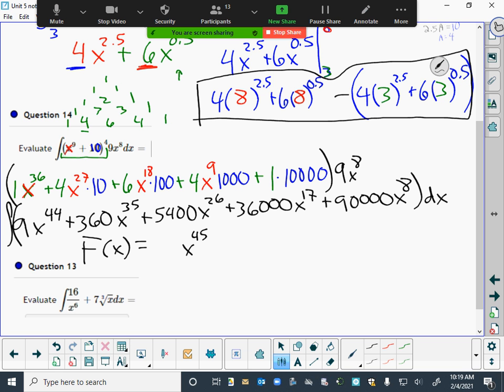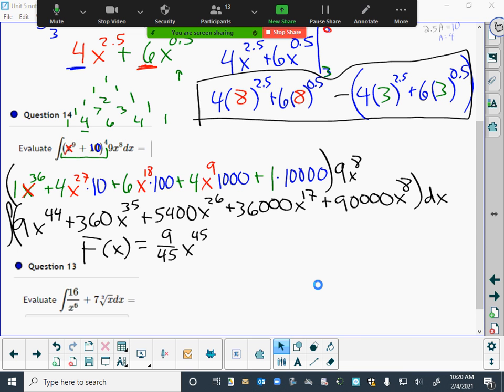And so when I took the derivative of that, the 45 came down and multiplied by something to give me a 9. I think that means it would have had to have been a 9 over 45. So if I do 9 over 45 times 45, the 45 over 45 makes a 1, and I'm just left with a 9.